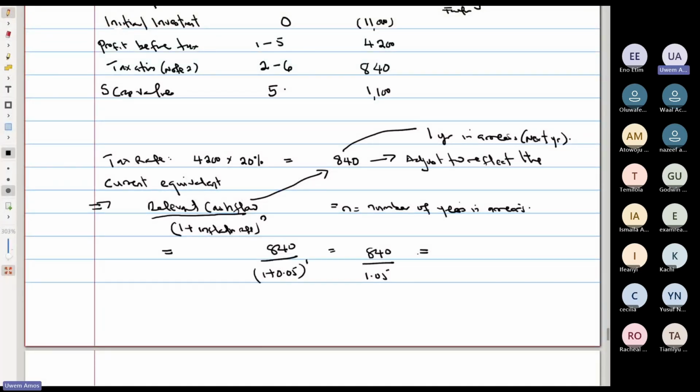What do we have, guys? Here's my calculator. Yeah, so we would have $800.